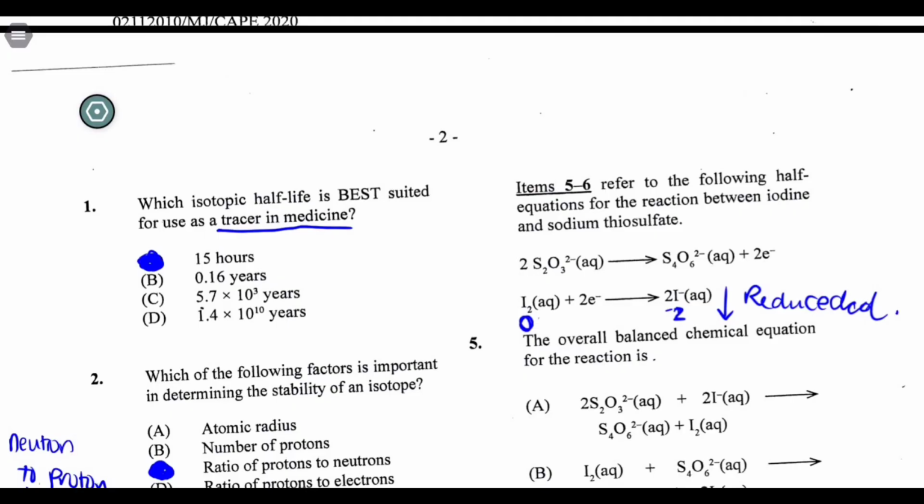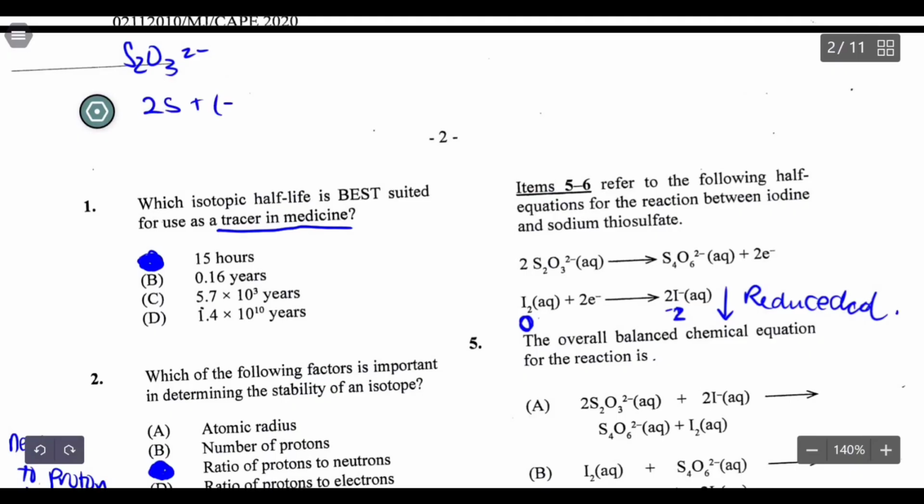thiosulfate ions. So let's say the first ion you have S2O3 2 minus. So you can say 2S plus minus 2 times 3 is equal to minus 2. 2 threes is 6, so minus 6.